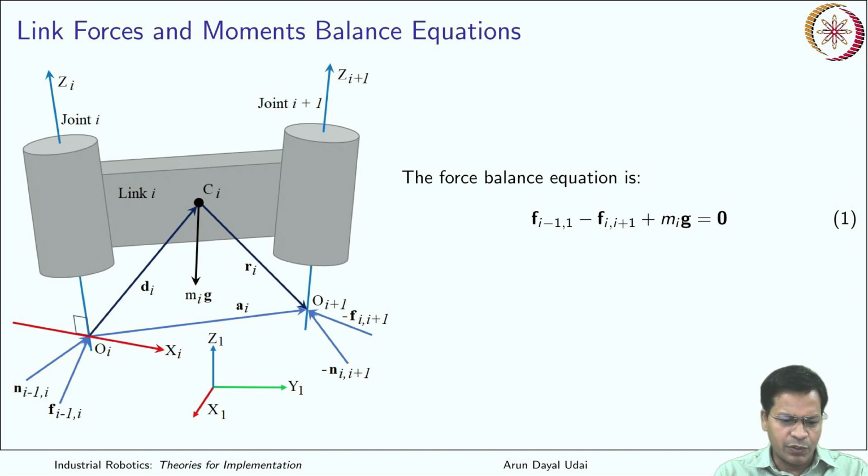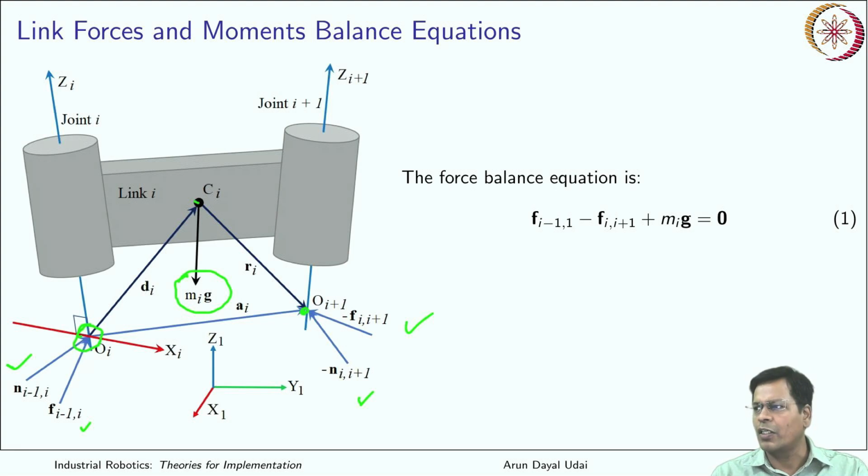So these two, moment and force, which are acting over here, same over here you have a moment and a force, and additionally you have a force that is due to the gravitational pull at the center of mass of this link. So all these forces should make it in equilibrium.